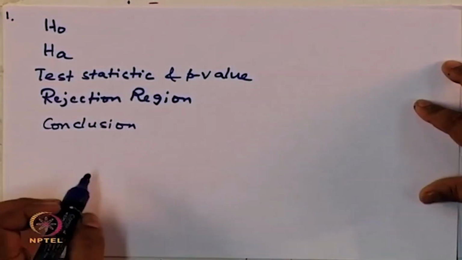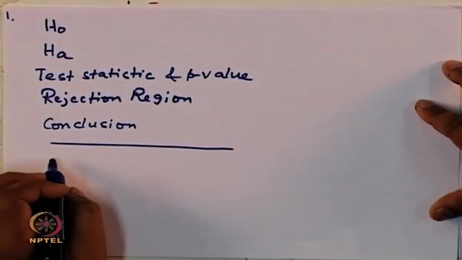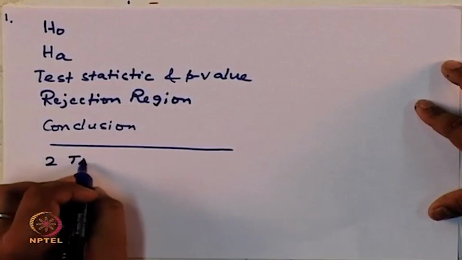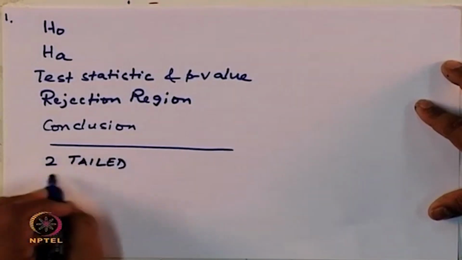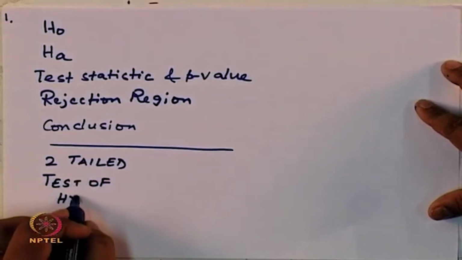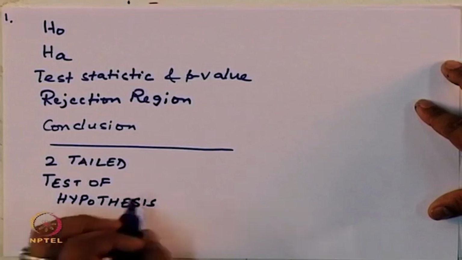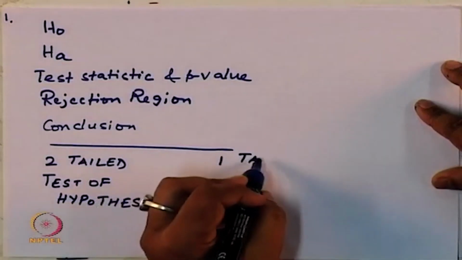And in the last class we have discussed in great detail, you can either have a two-tailed test of hypothesis or a one-tailed test of hypothesis.